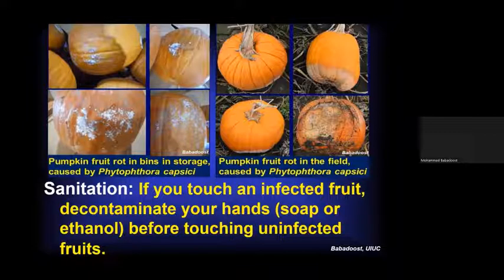Since this pathogen is in the soil, usually it comes in the bottom. Most times infections start in the bottom. And occasionally we don't see the infection in the bottom. One day, one of the growers in another state contacted me. He was harvesting healthy looking pumpkins and taking them to the market, and after about 1 week, all of them came back infected.